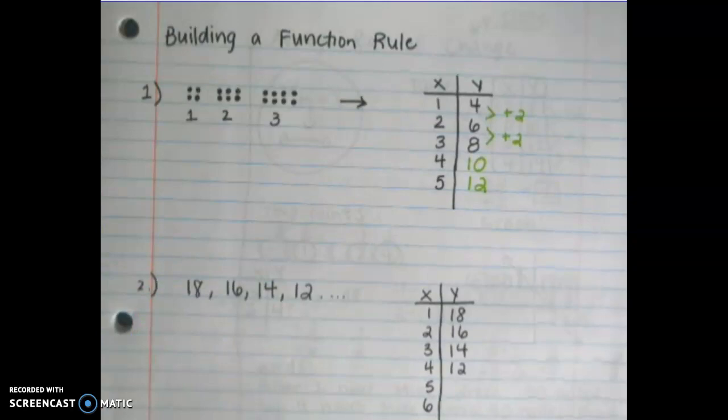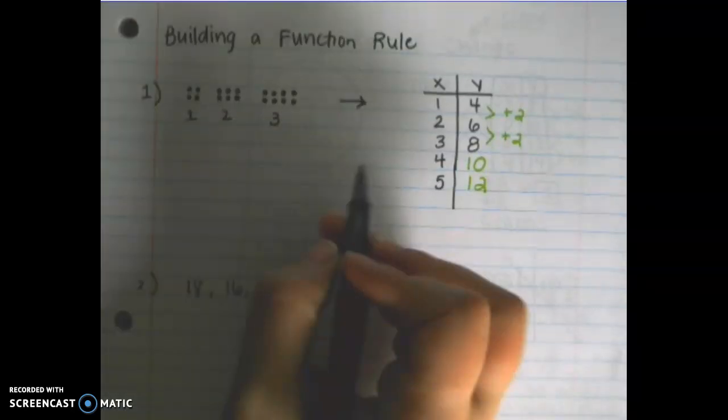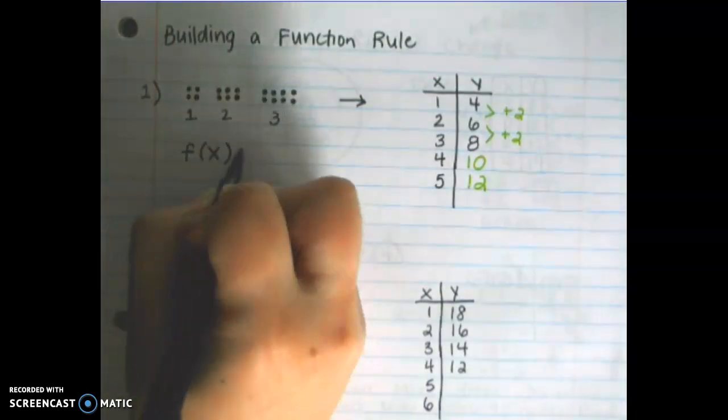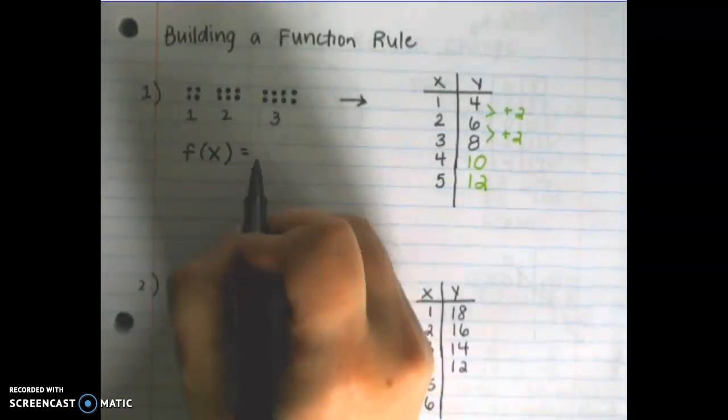So we're going to try to make a function rule. Let's see if there's a way that I can plug in numbers for x and get the numbers in the y column. So a function rule is going to look like this.